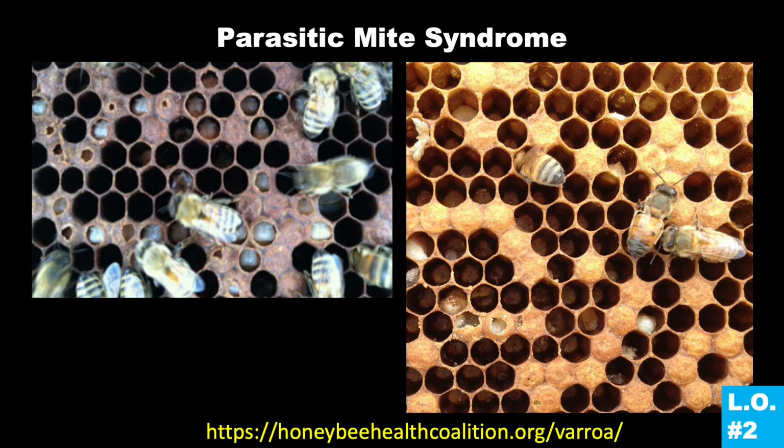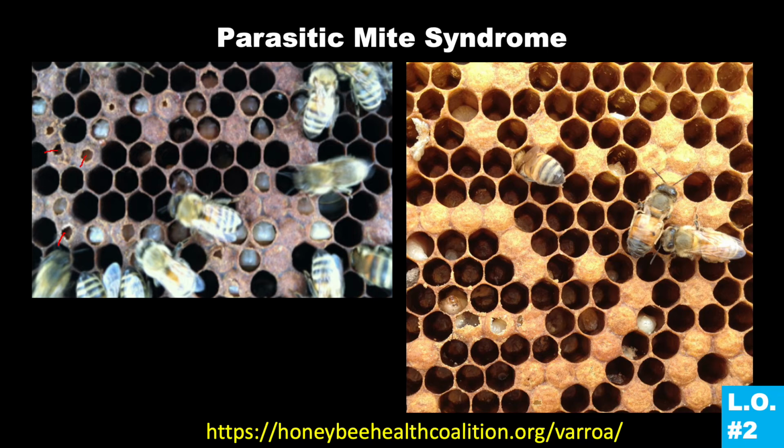As you can see in this figure on the left, there are several open capped cells, like you can see here and here and here. And this would be suspicious of American foul brood because this is a disorder that affects the capped brood.